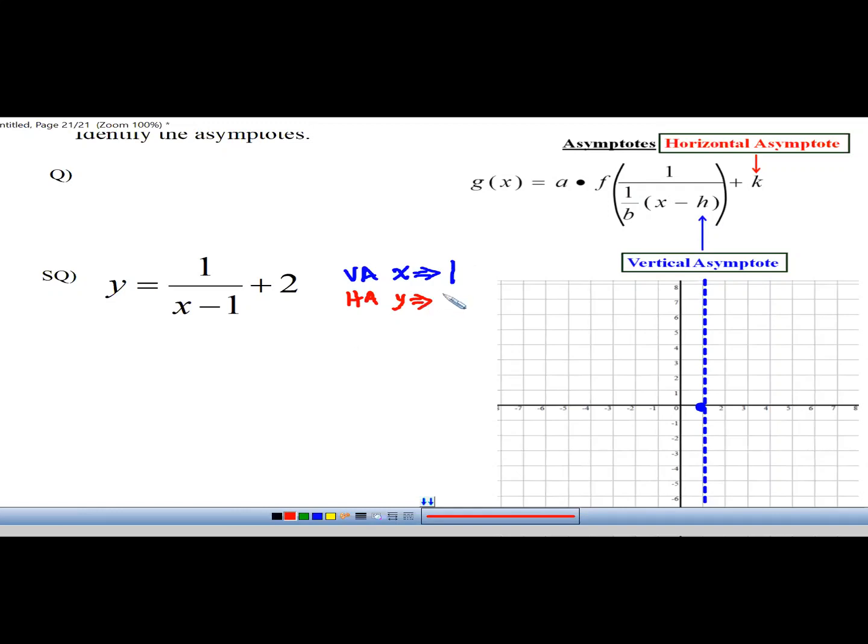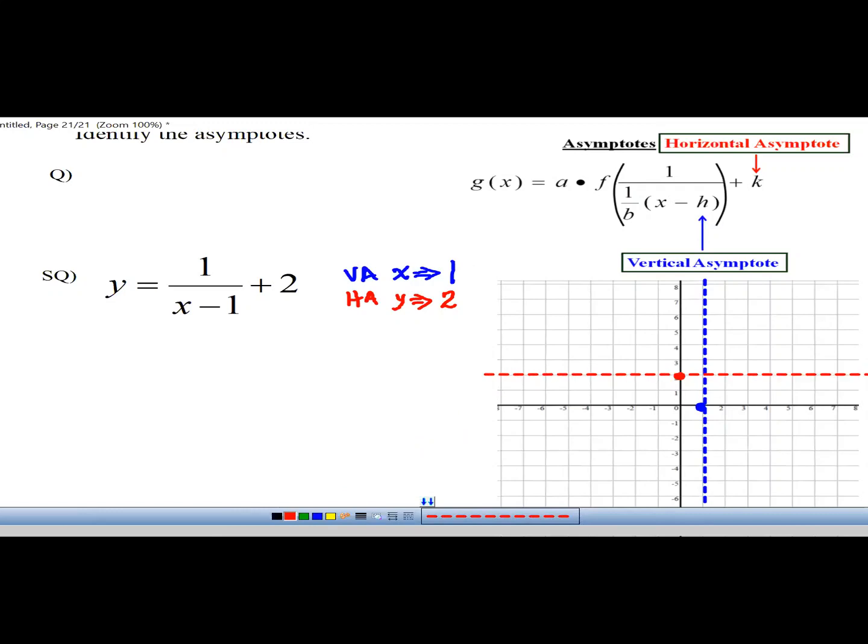Yes, I see some of you. Deuces, there it is, 2, yes. Okay, so let's go to y. Here's the y-axis, look for 2. And a line has to cross the y-axis, and it's a horizontal, that means side to side. So we graph that.